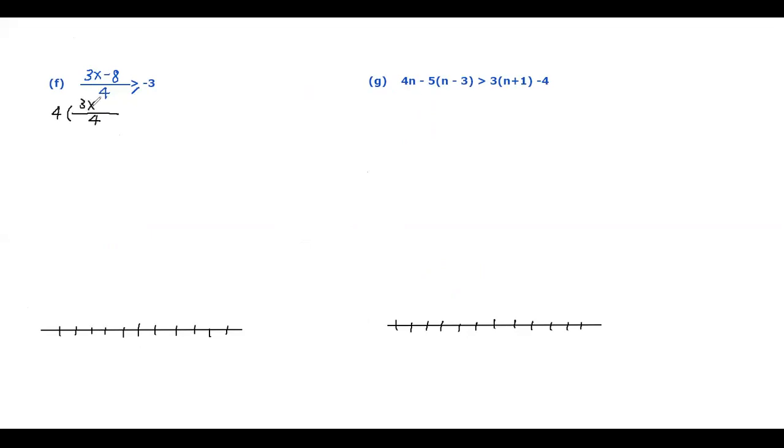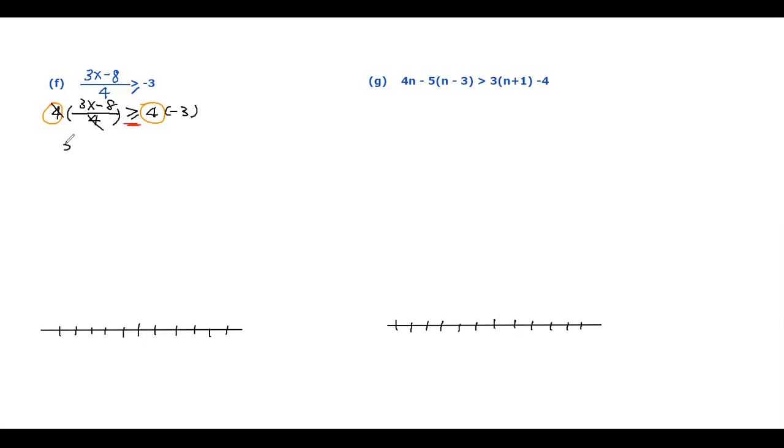So this is 3x minus 8 greater than or equal to 4 times negative 3. Do I need to change the inequality sign? No, right? I don't need to change the inequality sign. Why? It's because I'm multiplying by a positive number, right? So it's still the same.